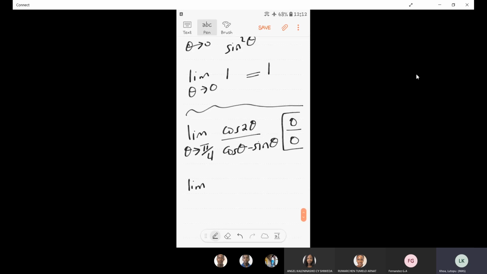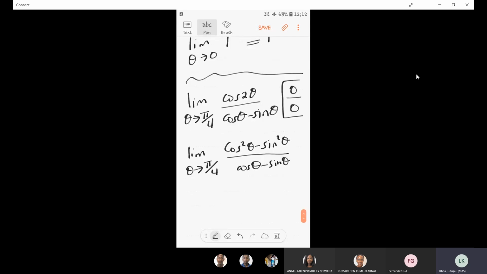So this is the limit as theta goes to pi over 4. And cos 2 theta, you remember, is cos squared theta minus sine squared theta, divided by cos theta minus sine theta.